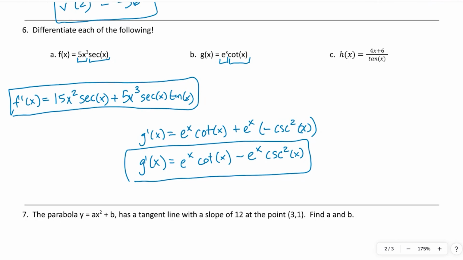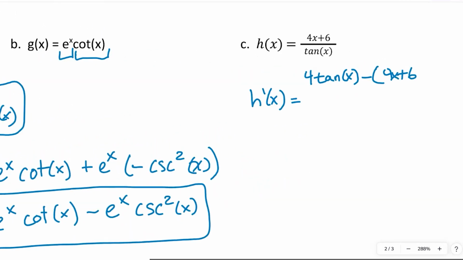And the quotient rule says if we want to differentiate a quotient, we're going to take the derivative of the top, which is 4, times the bottom function, which is tangent x, minus the top function, which is 4x plus 6. Let me zoom in here a little bit, try to clean this up.